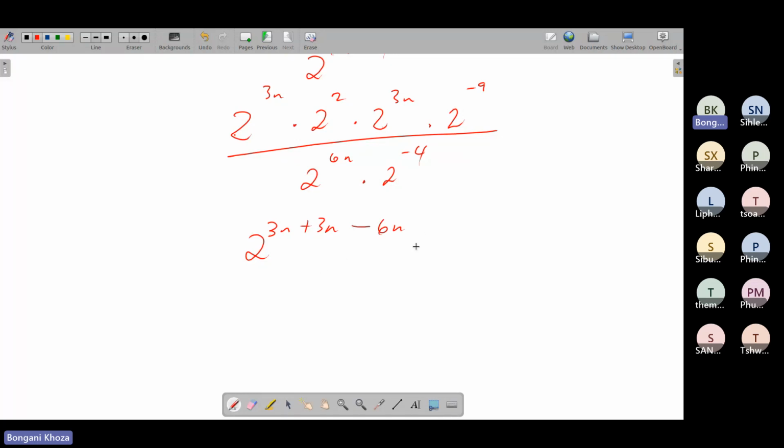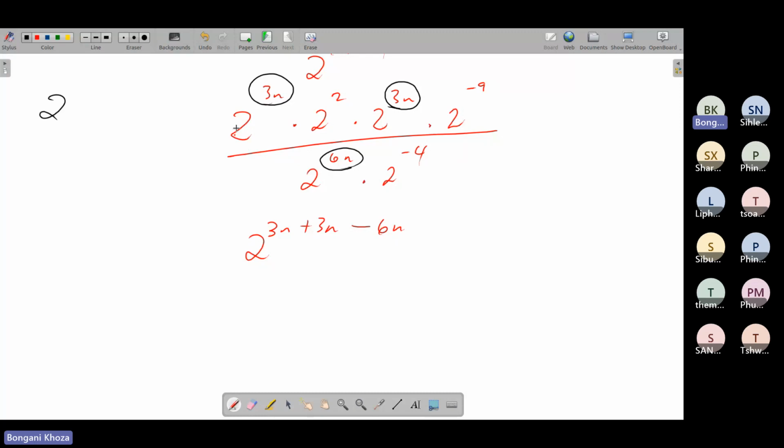Does this one make sense? All good? Please repeat. All right, so we are saying I'm going to keep one base. This is the base I've kept, which is 2 over here. And then I'm going to group together the exponents that have variables. But how am I going to group them? I'm going to group them according to the laws of exponents.